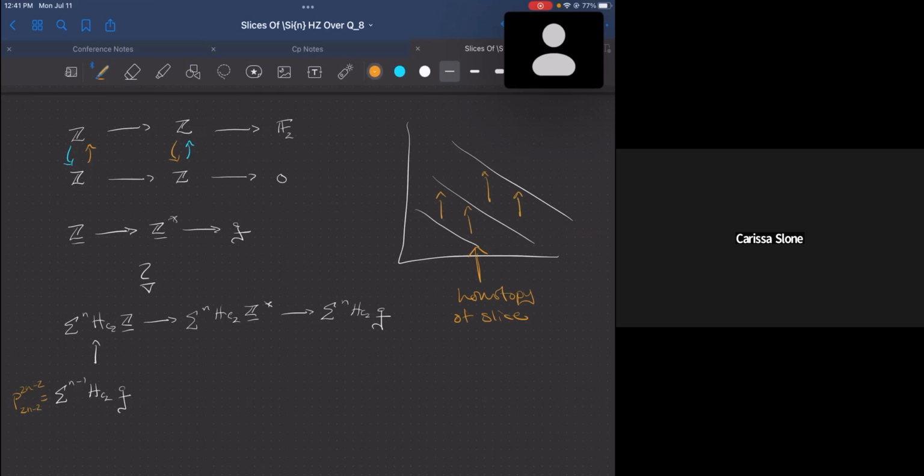And the spectral sequence needs to converge to the homotopy of, well, in this case, let's say the n-fold suspension of HC2Z, i.e. we want to have a pi n equal to Z, and that's it.